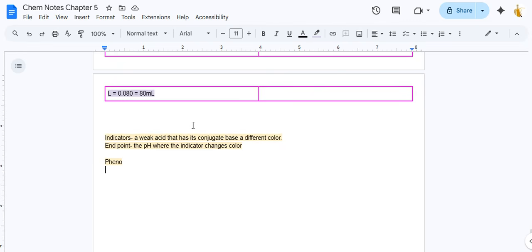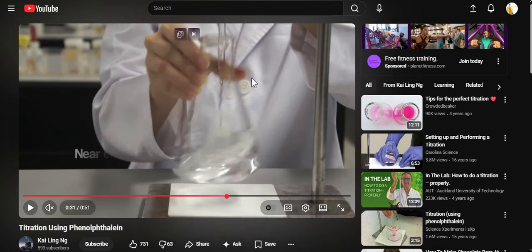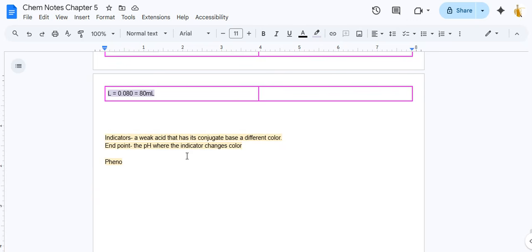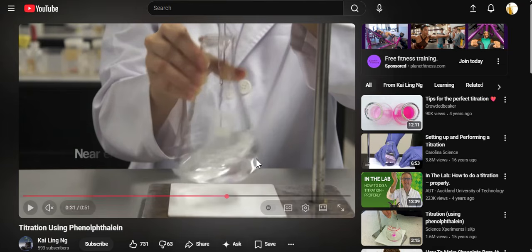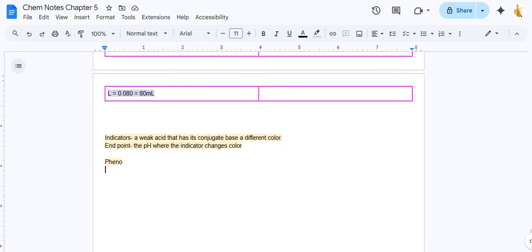So we keep adding the base to the acid until the equivalence point, which for this solution is like 8.8 or something like that.